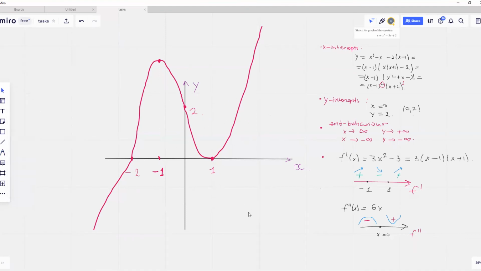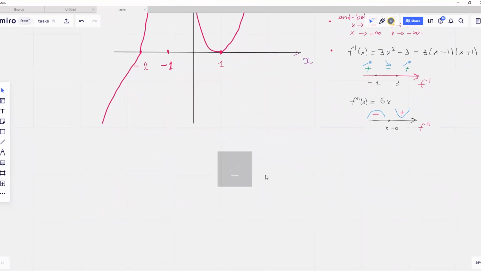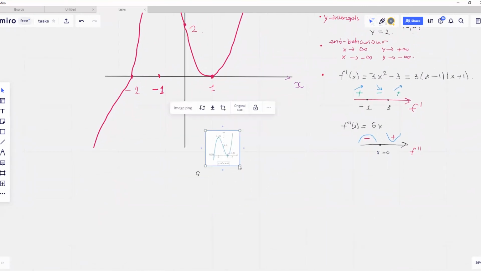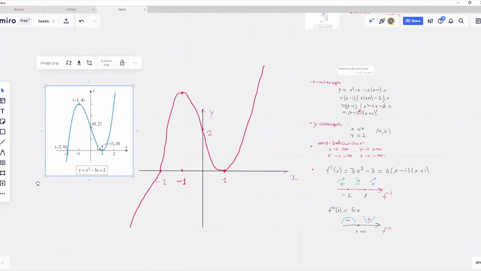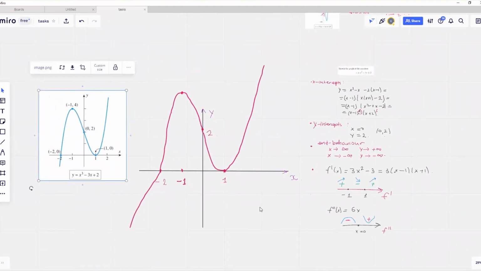Now let's confirm that by looking at the actual plot of this polynomial. Okay, so now we can apply the following techniques to study the behavior of a function and to make a plot of it without using software.